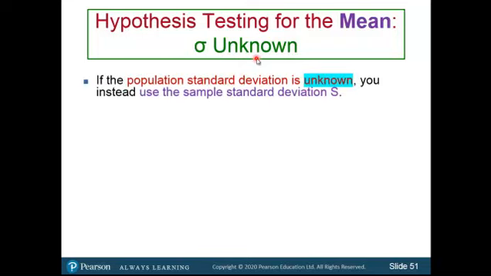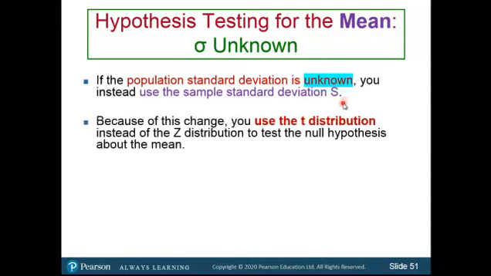If the population standard deviation is unknown, you instead use the sample standard deviation. So since we do not know the value of the population standard deviation, we can estimate it using the sample standard deviation S. Because of this change, you use the t distribution instead of the z distribution to test the null hypothesis about the mean.